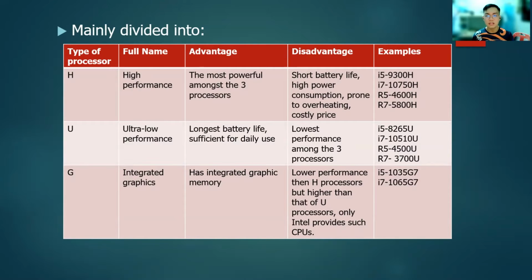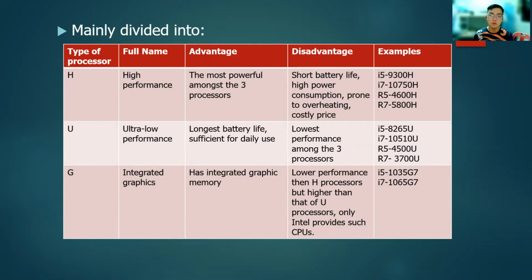The catch is that it has the lowest performance amongst the three processors. It's also the most common processor we can find, and it has some of the lowest price points in the market. The examples are i5 8th Gen 265U, i7 10th Gen 510U, and so on.